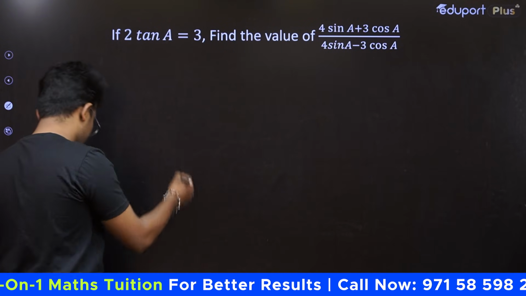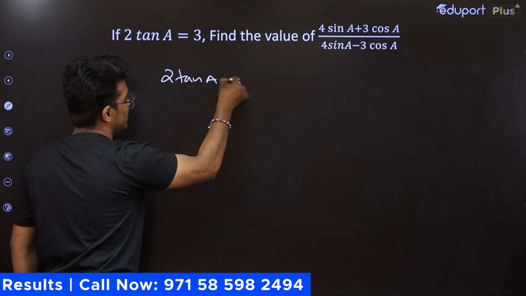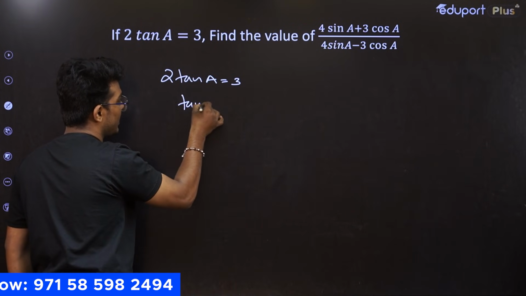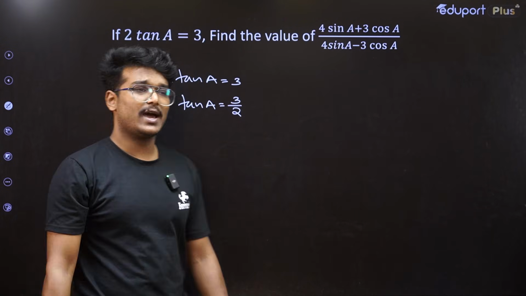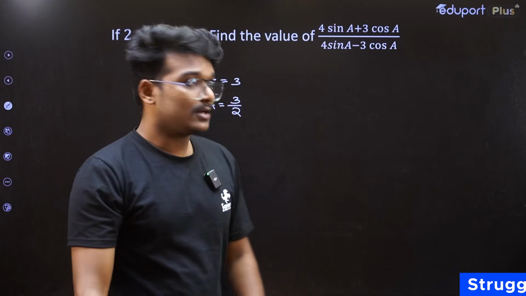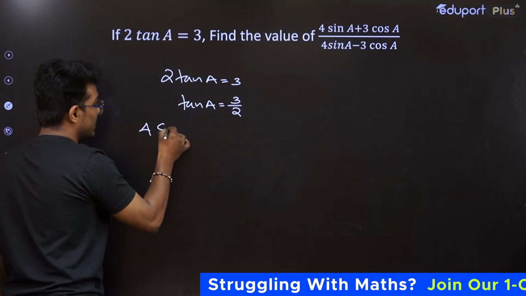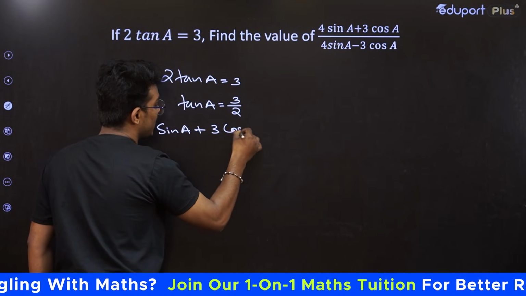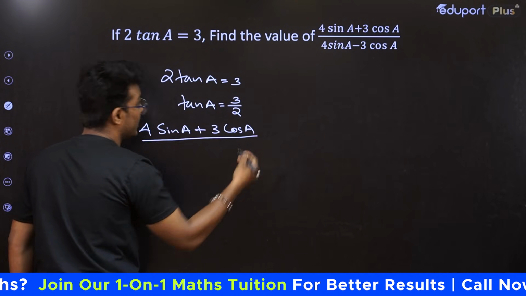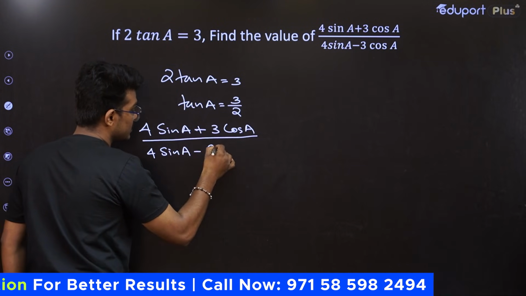We already know that 2 tan A is equal to 3, then tan A is equal to 3 by 2.